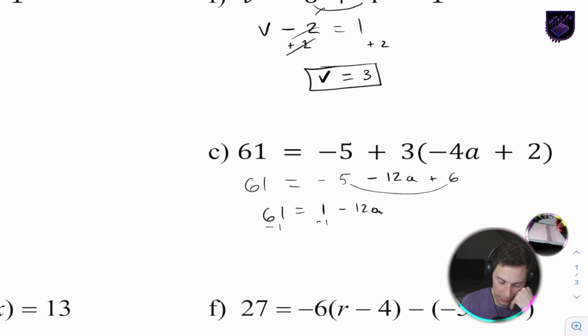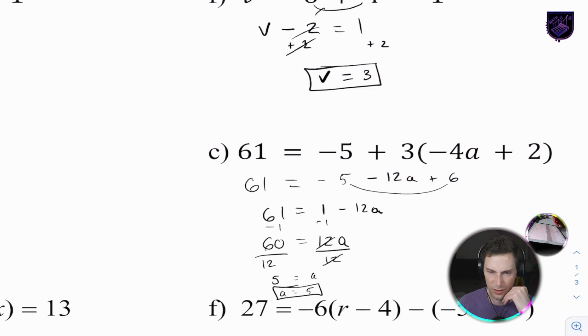Sorry, 60 is equal to 12a, divide. This is going to be 5 is equal to a, or a is equal to 5. Checking my math, I didn't think it was right there, but it was right.